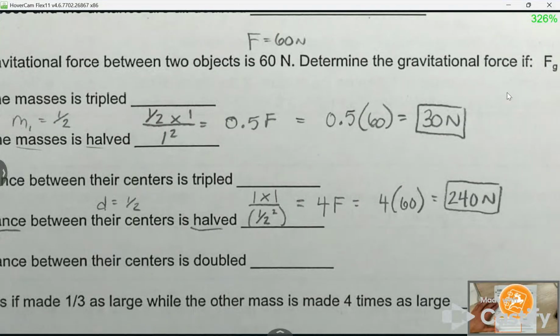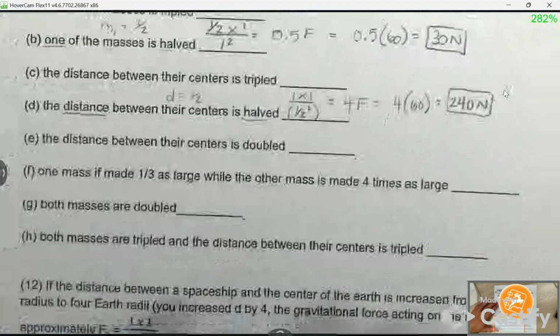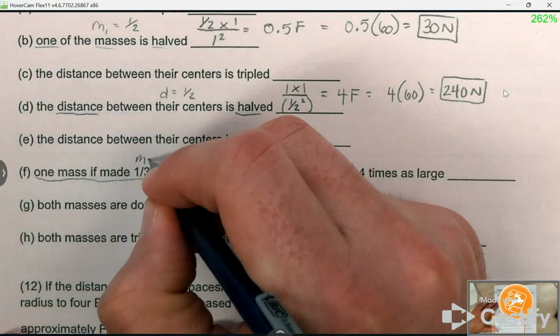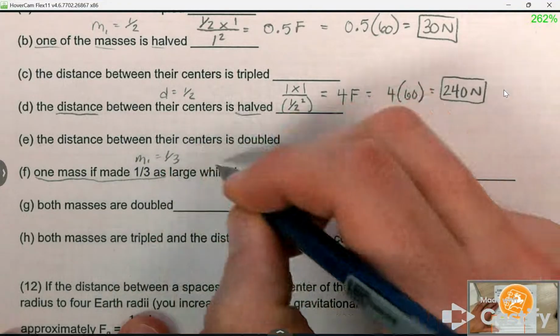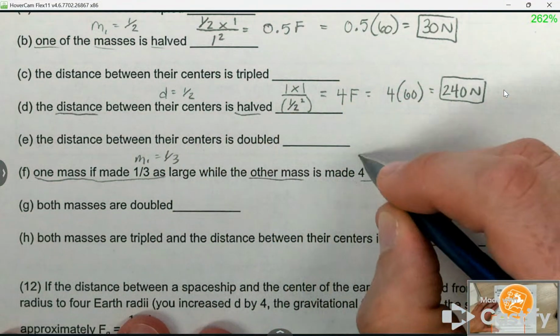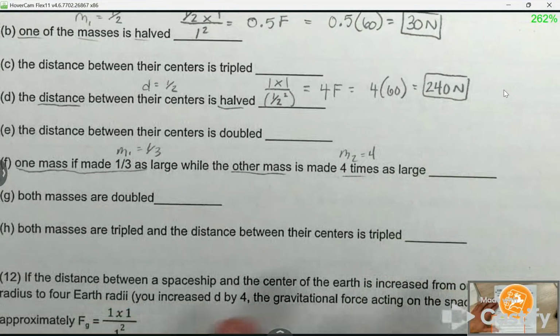We can take a look at F really quickly, and then you guys are going to finish the rest of those ones out. So one mass is made to be 1/3 as large. The other mass is made 4 times as large, so that would be your second M. And they didn't tell us anything about the distance.